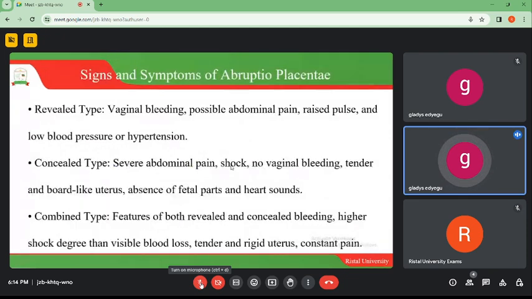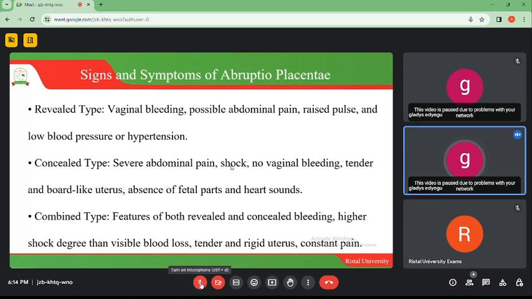What could be the signs and symptoms of abruptio placenta, so that we can be able to tell that this is abruptio placentae? One, revealed type. As mentioned about the types, the revealed type is the one that you see the blood flowing from the vagina. So vaginal bleeding, possibly there can be abdominal pain, there can be raised pulse, and then low blood pressure or hypotension.